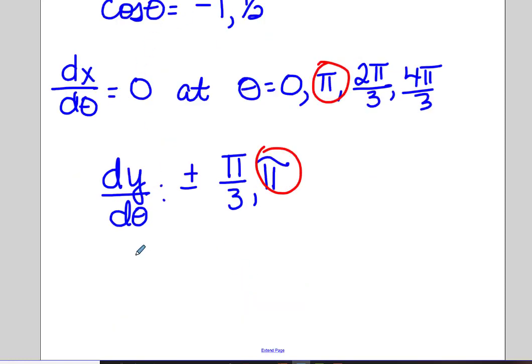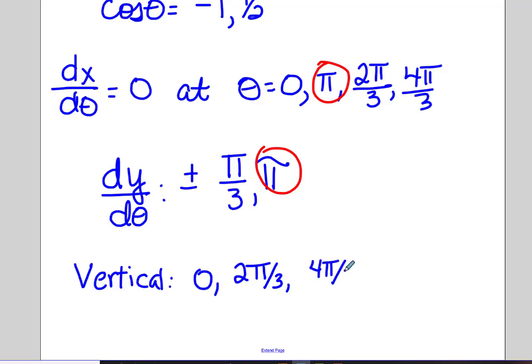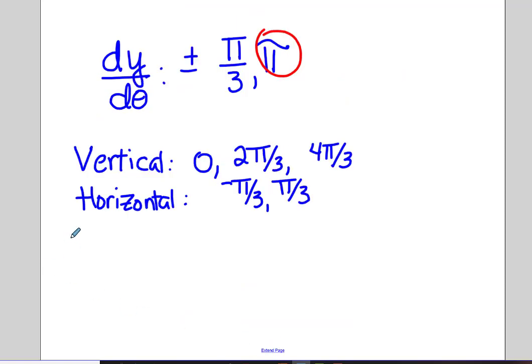So to summarize what's going on in that graph, we had vertical tangent lines where dx d theta is 0, and that would be at 0, 2 pi over 3, and 4 pi over 3. We had horizontal tangents where dy d theta is 0, and that would happen at negative pi over 3 and positive pi over 3.